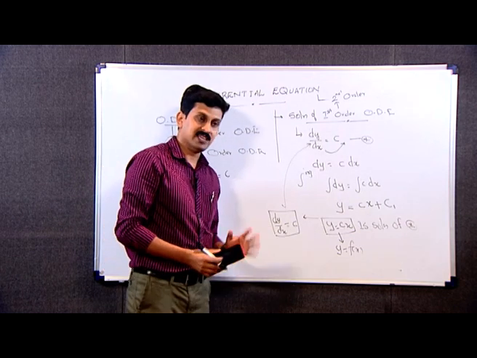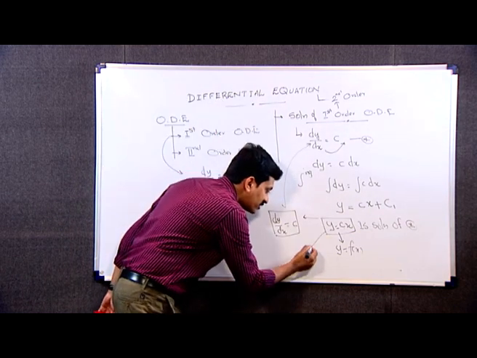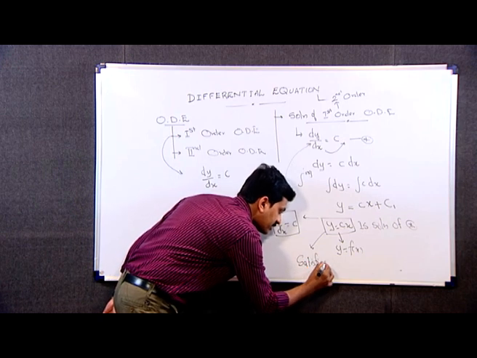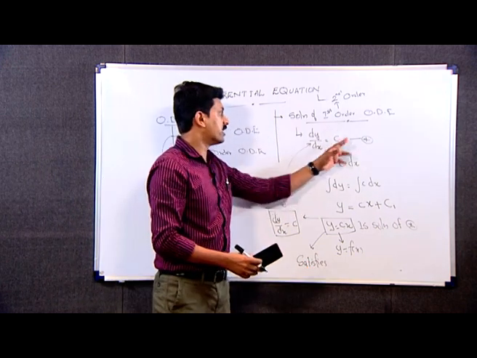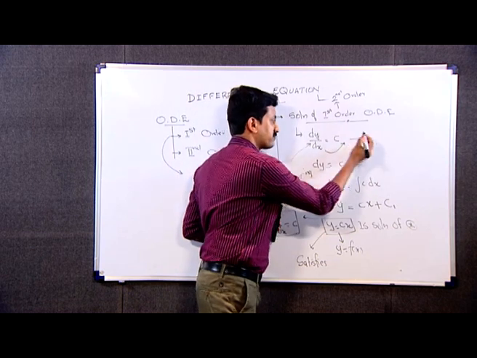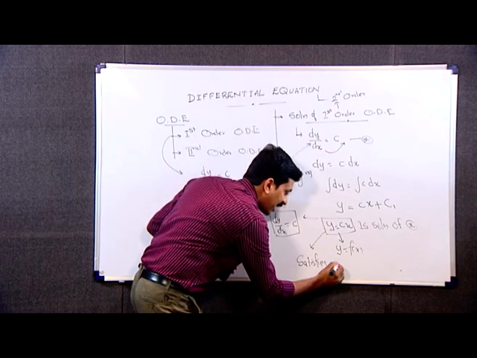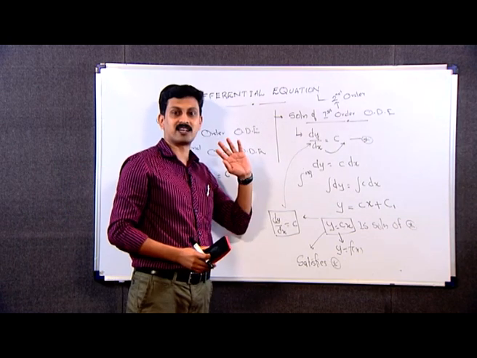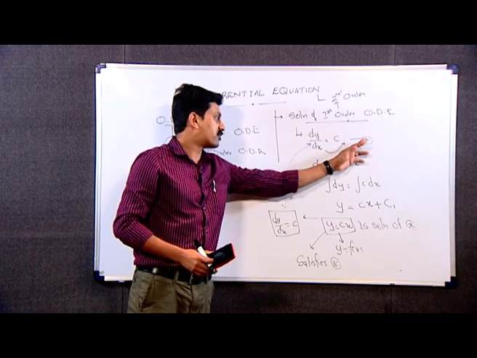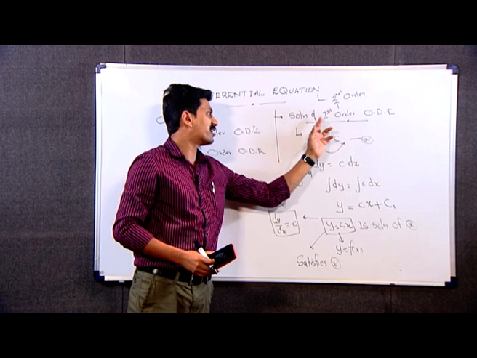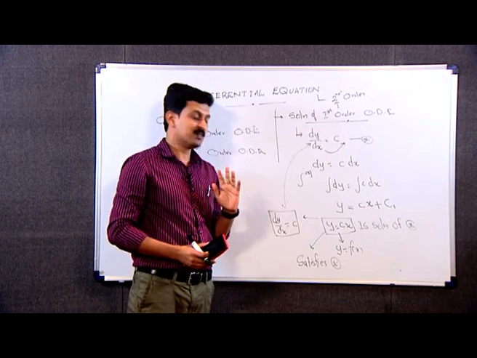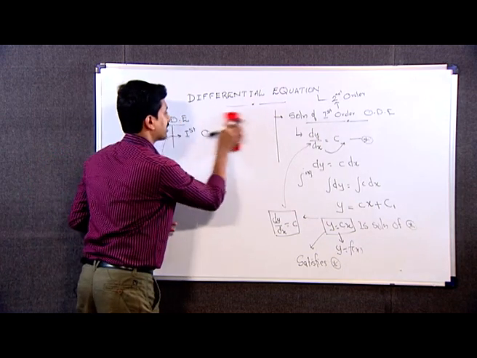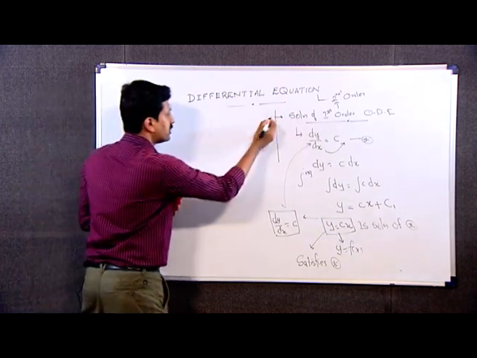The function y is equal to cx satisfies the equation star. So the equation star is a first order ordinary differential equation. Now we can come back to the solution of a differential equation. So, what is it in general?